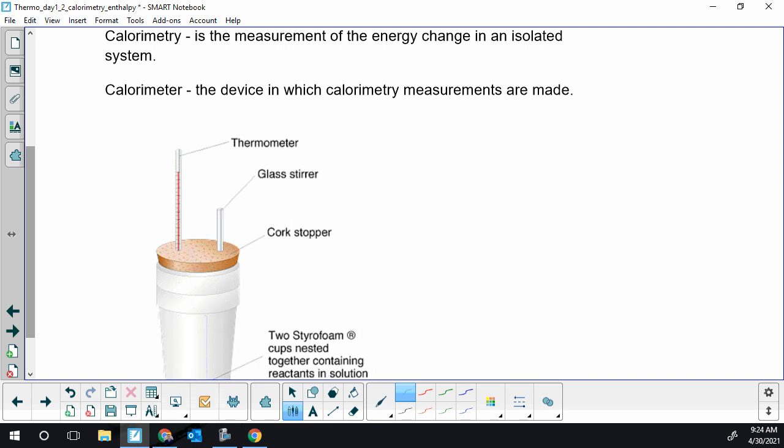Okay. 1 or 2 styrofoam cups, a lid, and a thermometer. Okay. Again, the point of the styrofoam is that isolated system. Okay? And it does, again, an incredibly good job at being an isolated system over very short time frames.